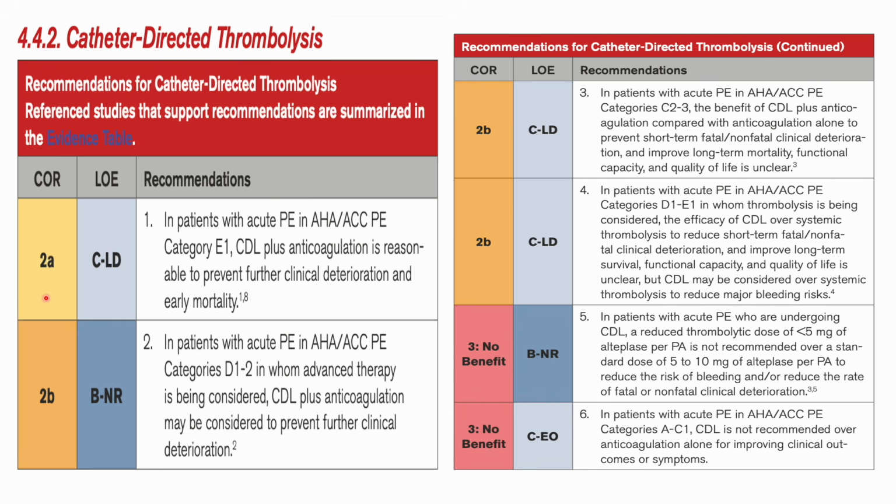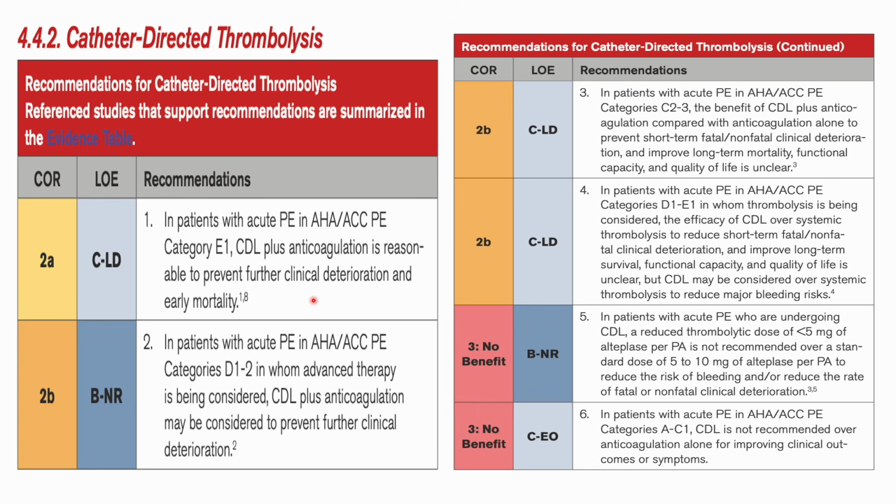There is a 2A level of recommendation that in patients with acute PE in category E1, a catheter directed thrombolysis plus anticoagulation is reasonable to prevent further deterioration and mortality. So, category E1, you can do a catheter directed thrombolysis if you have an anatomical reason to do it.